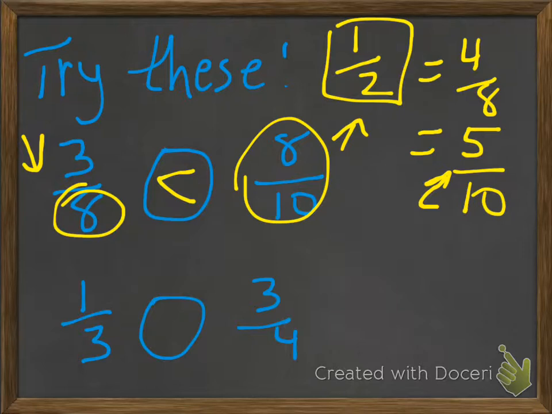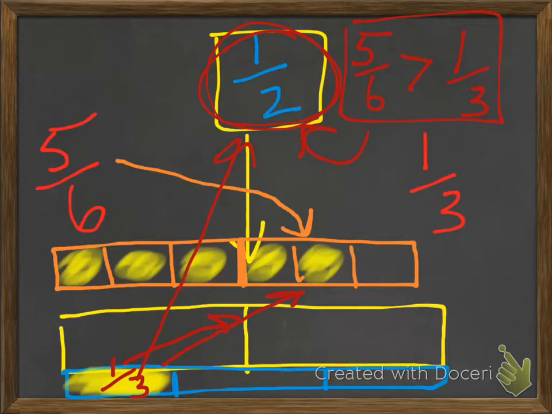1/3 and 3/4. Same thing. We know, let's see, 1/3. There is no exact equivalent. It gets a little tricky to 1/2. But we do know 1/3 is less than 1/2, as we saw in the previous one right here.